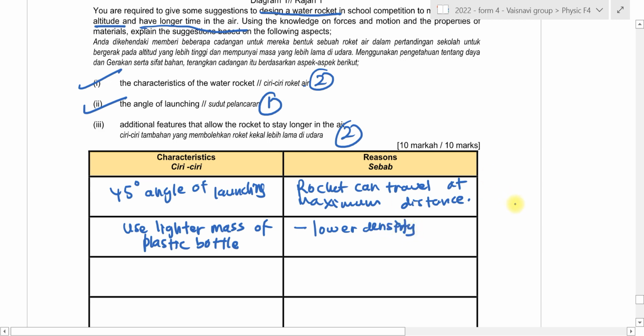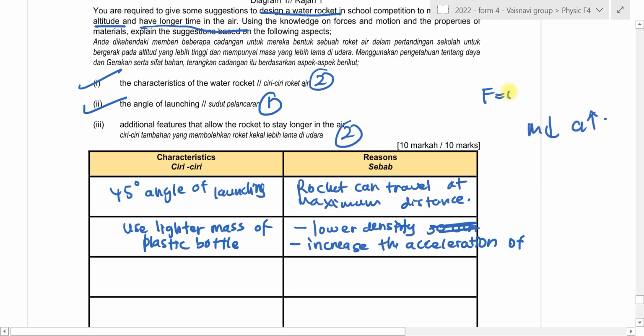Okay, so can travel, can increase the acceleration. Ini saya bagi the second reason lah. Increase the acceleration. Ada berlambak reason yang kamu boleh bagi tahu. Increase the acceleration of the rocket, because smaller the mass, higher the acceleration. Remember F equal to ma? Kita belajar kan?